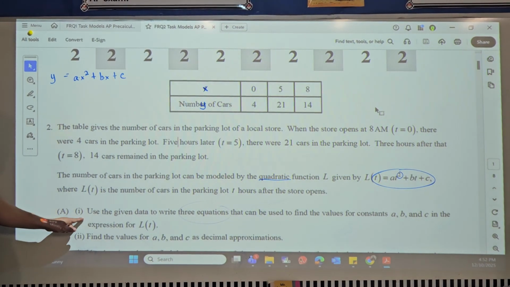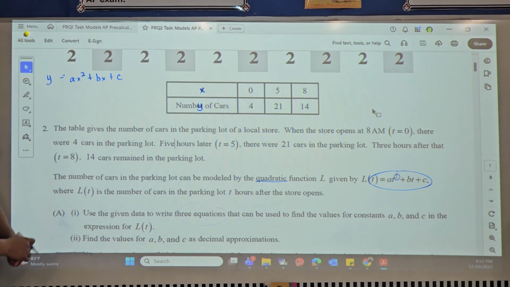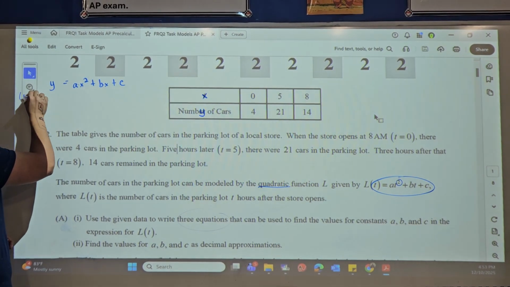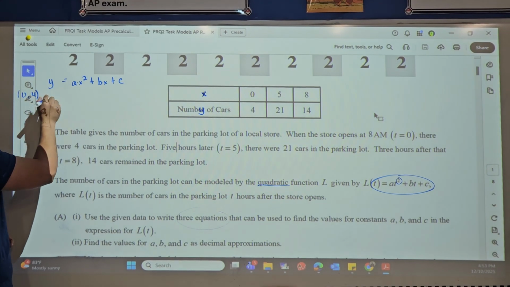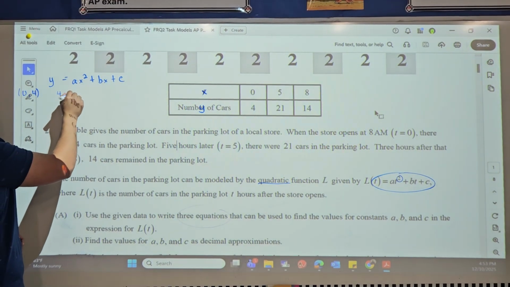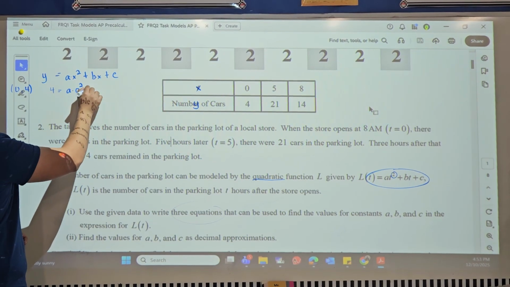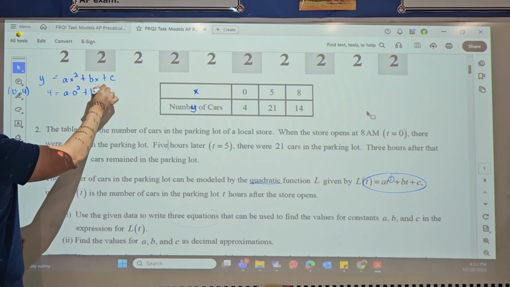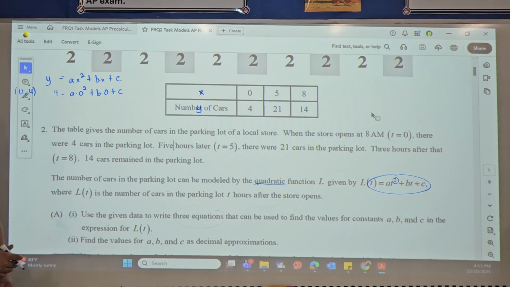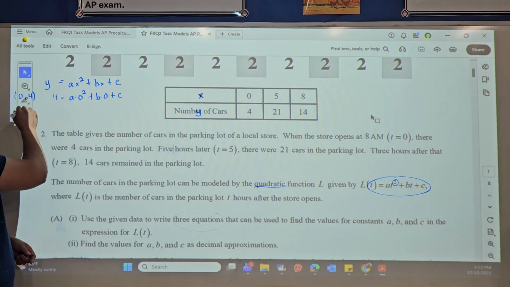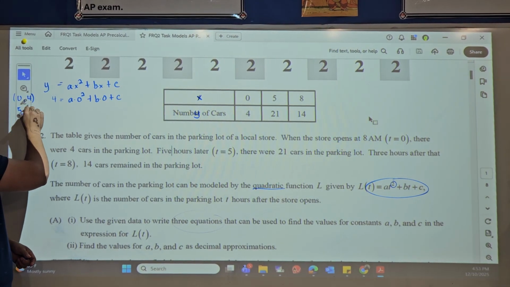So let's start off with part A1. Create the 3 equations. My first point is 0, 4. So now y is 4. So I'm going to have 4 equals a times 0 to the power 2 plus b times 0 plus c. Now, my next point is 5, 21.